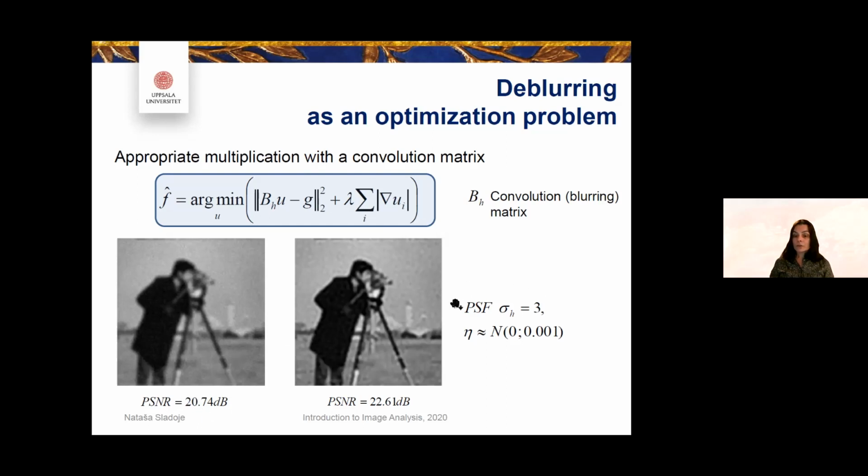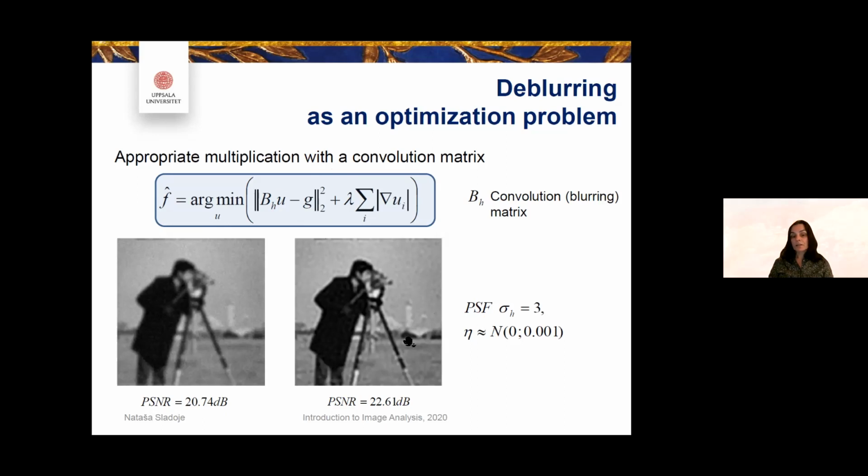If we know, well, that is of course always an important part of the story. If we know the point spread function, and that is essentially the model of the degradation that is used to convolve the image, and by that model the degradation, then we can run our optimization procedure.